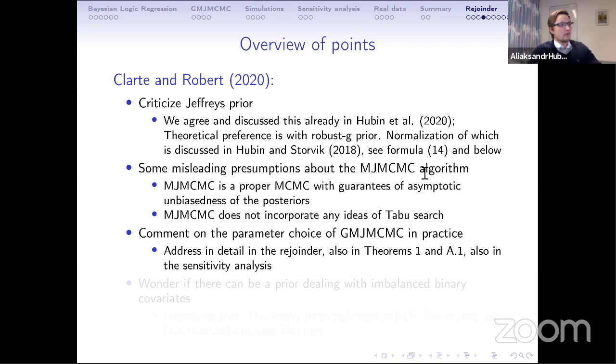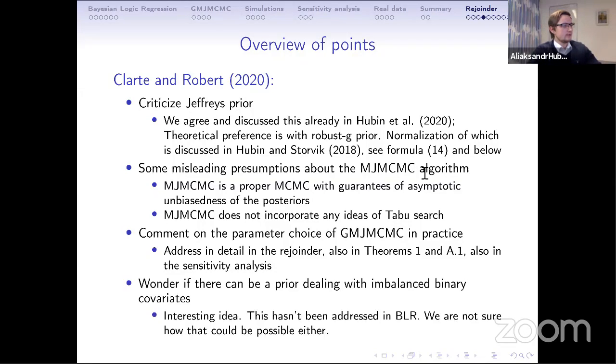Okay, there was also a comment on the practical choice of parameters for the algorithm, and we already discussed this issue beforehand during this rejoinder discussion. Finally, the last point was whether one can define some priors that can deal with imbalanced binary covariates. And this actually is a very interesting idea.